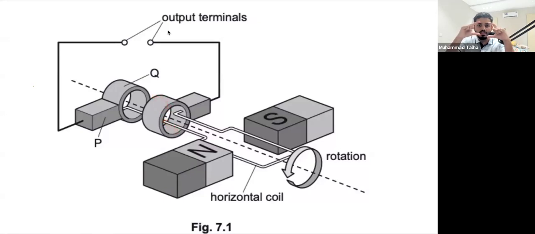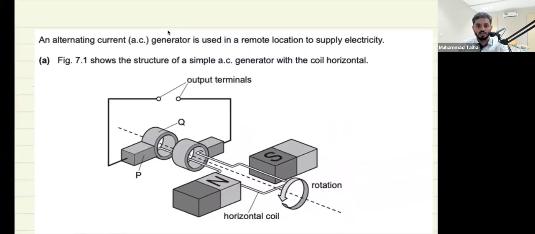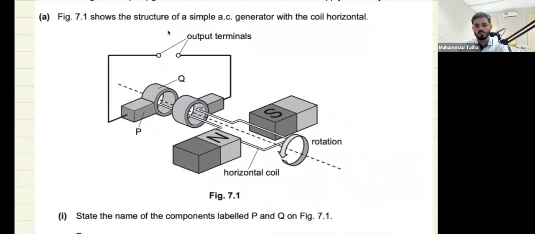For a DC motor, you have these two half rings, and those rings are rotating with the coil, and that's how the current is reversed. But in this case, you have a whole ring, right? So this is an AC generator. Good job. This is exactly what was also written. I just wanted you guys to think about it for yourself.